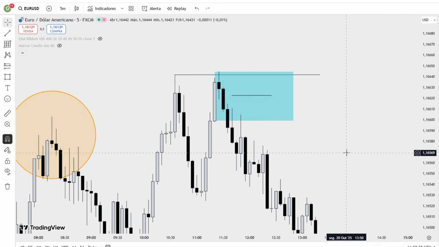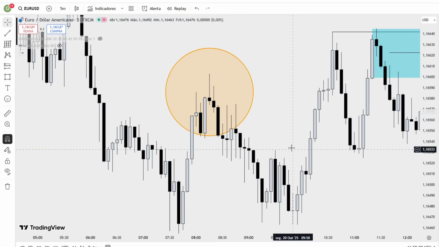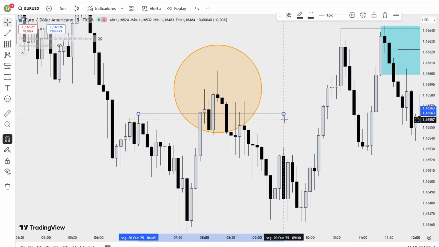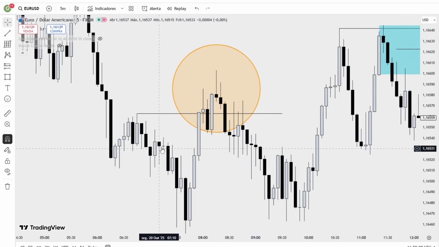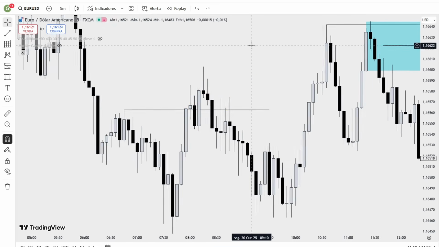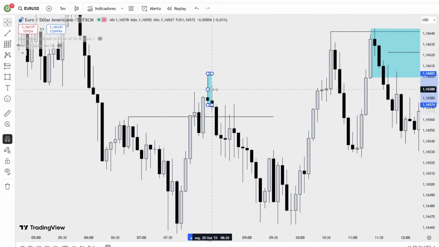You can see it's clear, right? Same thing here. You have this manipulation, you get this high over here, right? In this manipulation, what candle do you see purge the liquidity and break the price? Pretty simple, you have this candle.